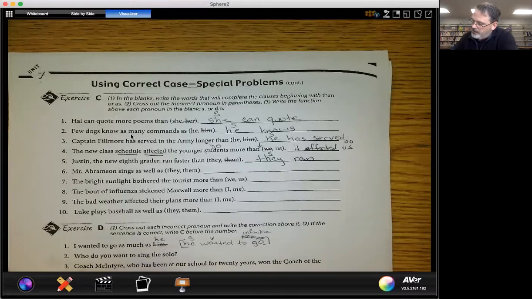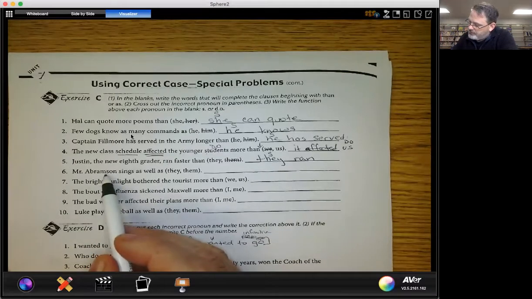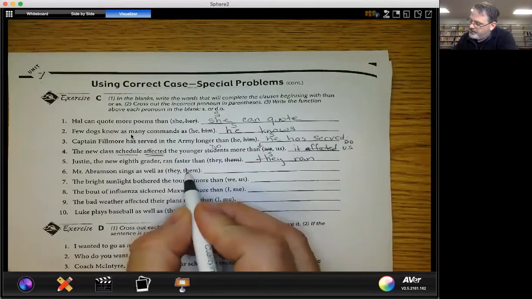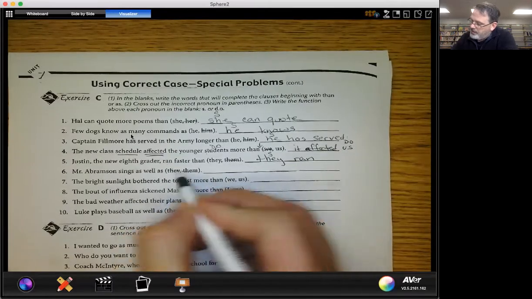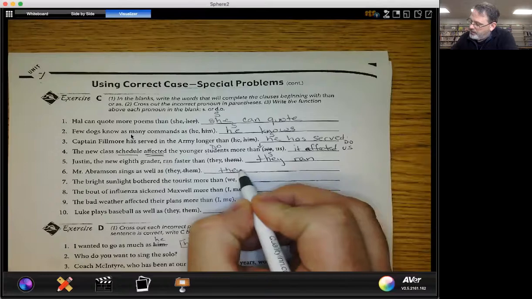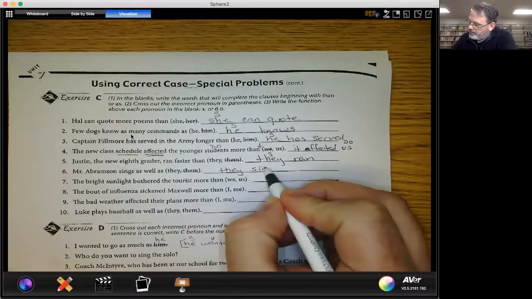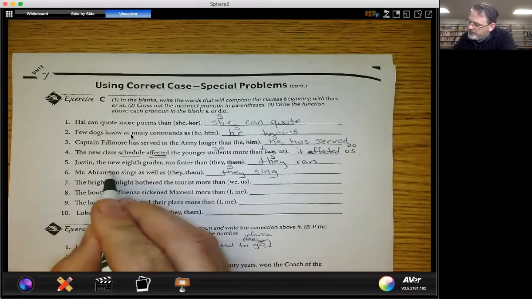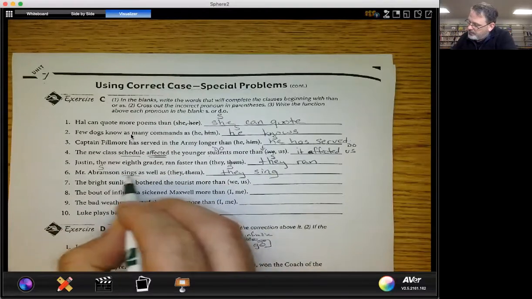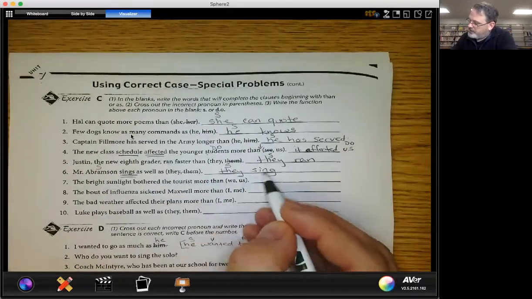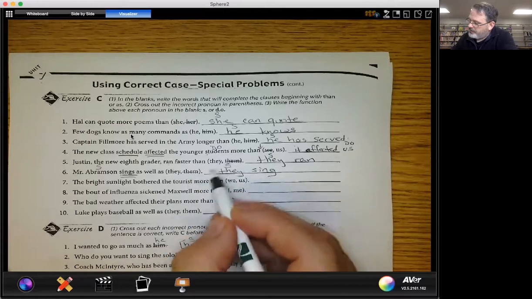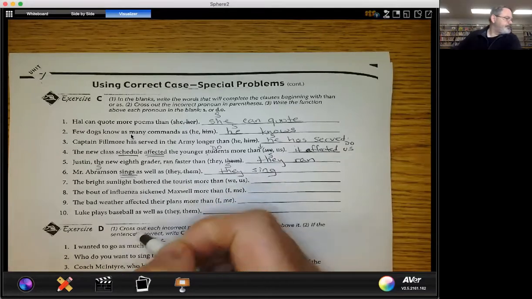Okay. Mr. Abramson sings as well as they sing because Mr. Abramson is the subject, verb, subject, verb. They is nominative case, just like right up here. Okay.